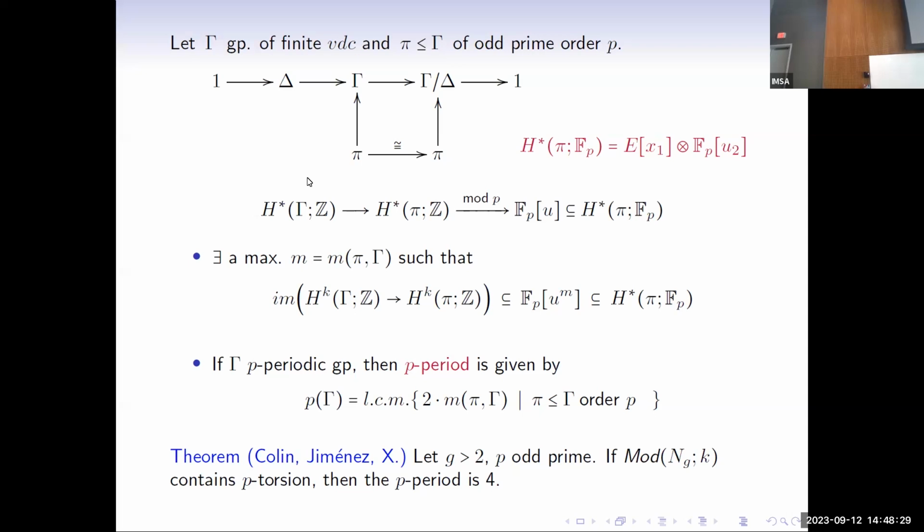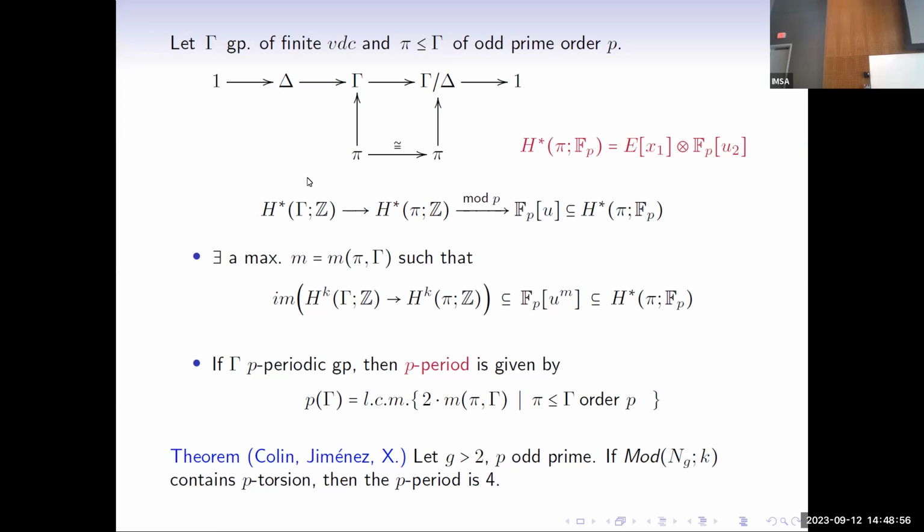Being a group of finite virtual cohomological dimension, you know that it contains a torsion-free subgroup delta, right? So any torsion subgroup of gamma can be identified with a subgroup of the quotient gamma by delta because there's no torsion in delta, right?